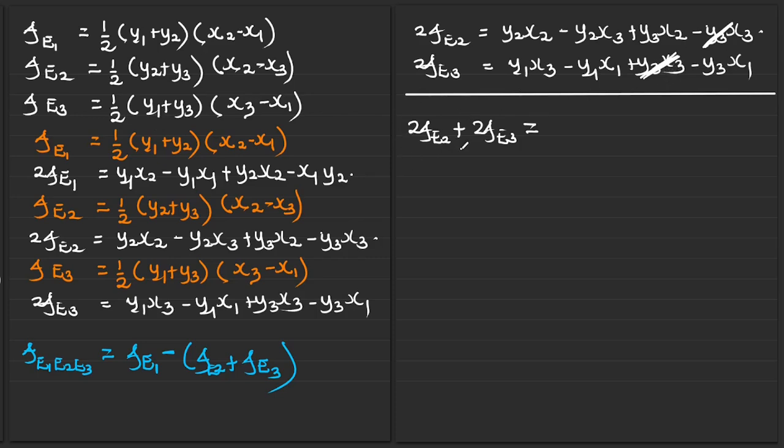So our 2aE2 plus 2aE3 is going to be y2 x2, then minus y2 x3, then plus y3 x2, then plus y1 x3, then minus y1 x1, then minus our last term, which is y3 x1.